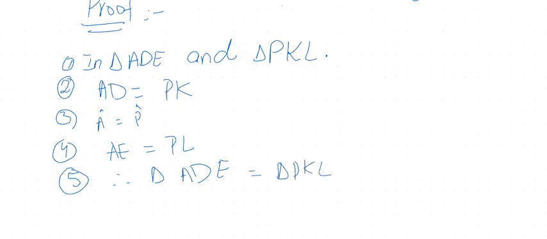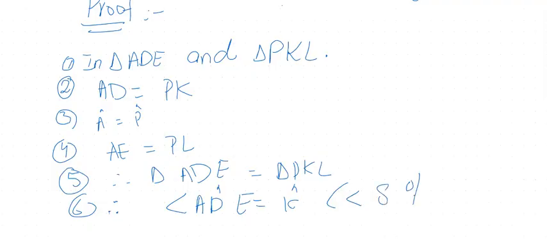So this is our fifth point, and the sixth point is that we have angle ADE equals angle K, okay? So the corresponding angles of congruent triangles are equal, all right?